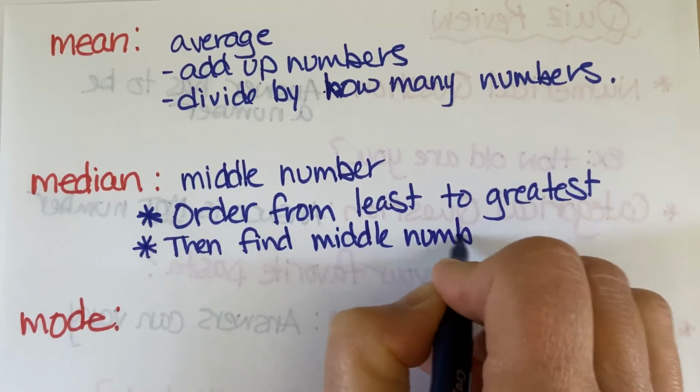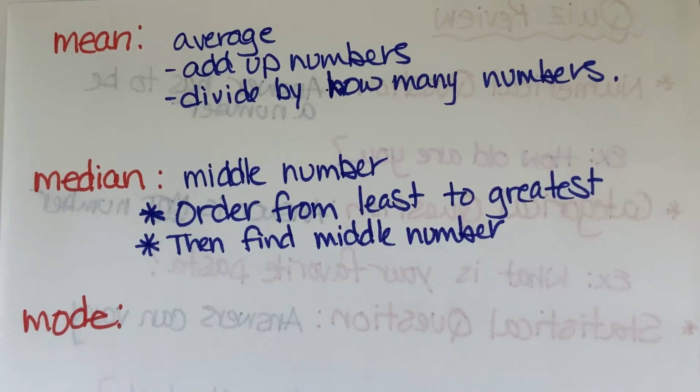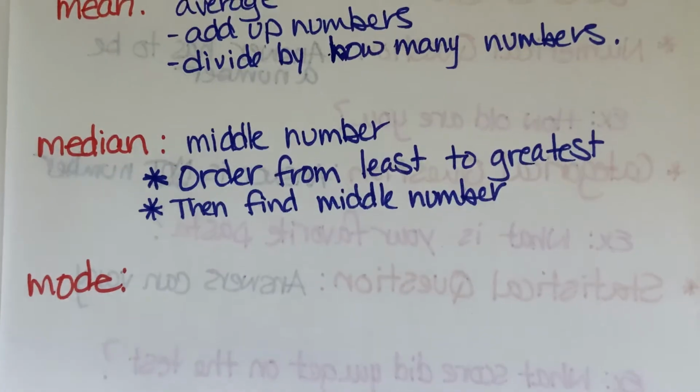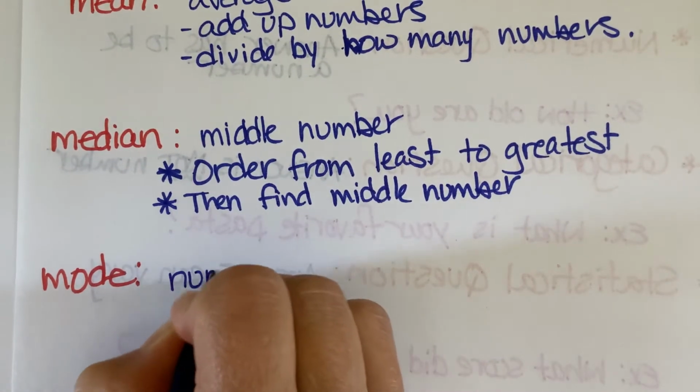When I give you an average for tests, I say average. Usually I find the median, okay? If everybody says, well, how did everybody do on the test? Usually I'm giving you the middle grade, okay? Because that's the most accurate. Because I could have somebody that got a 0% that's going to bring an average down, but the median usually gives me a really good sense of how everybody overall did, okay? And then your mode is the number that appears most often.